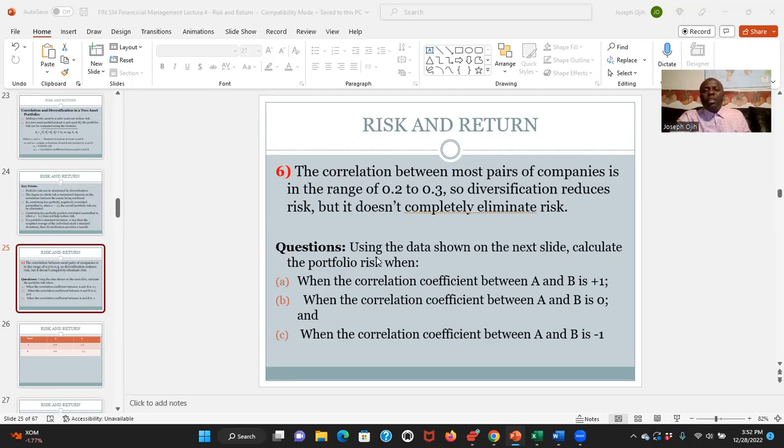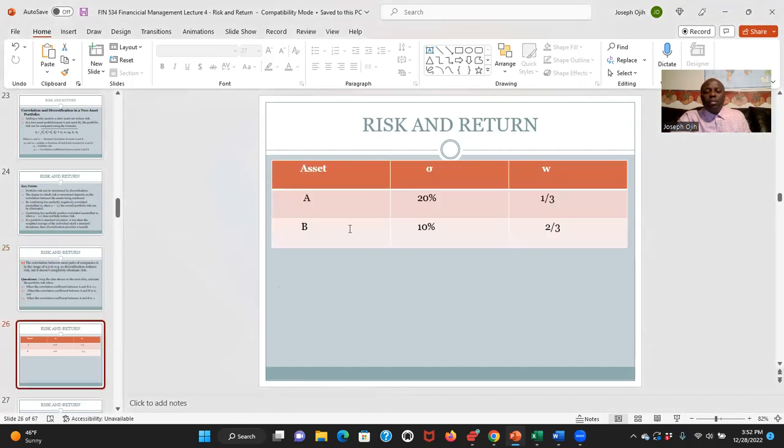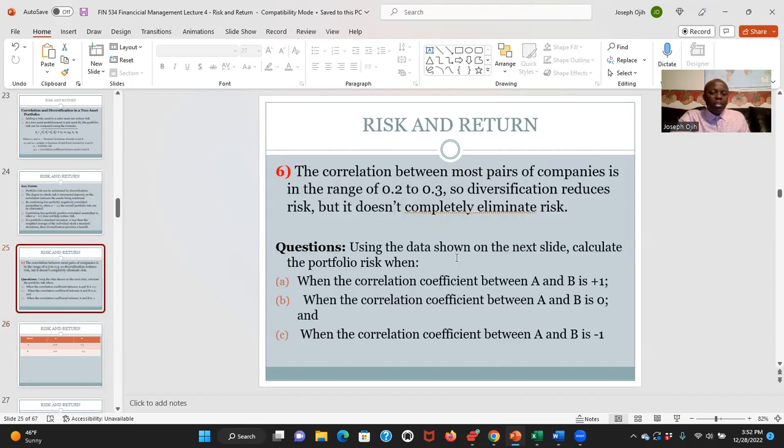So look, it's using the data shown on the next slide. That's this one here. Asset A has 20% risk, standard deviation, and the weight is 1/3. Asset B has 10% standard deviation, and the weight is 2/3. Using this, calculate the portfolio risk for three cases.